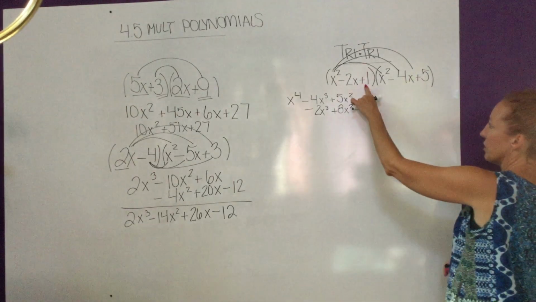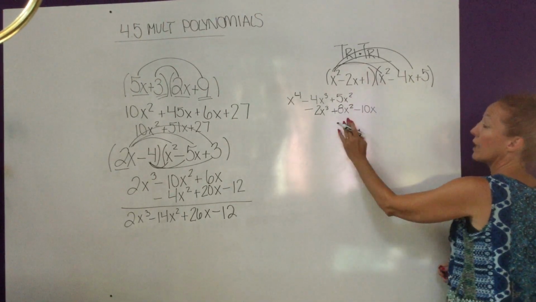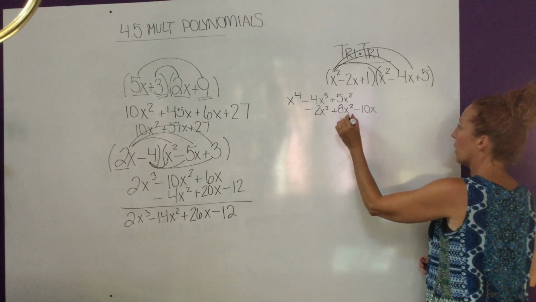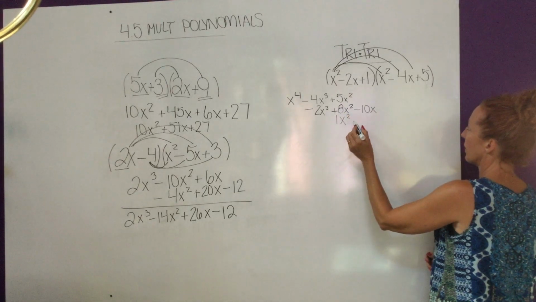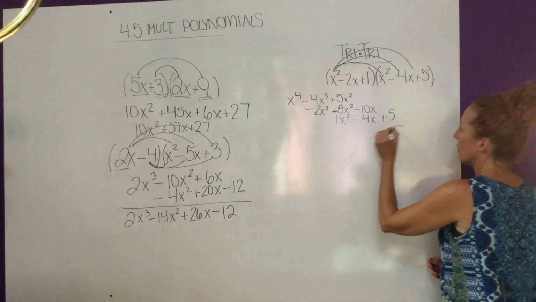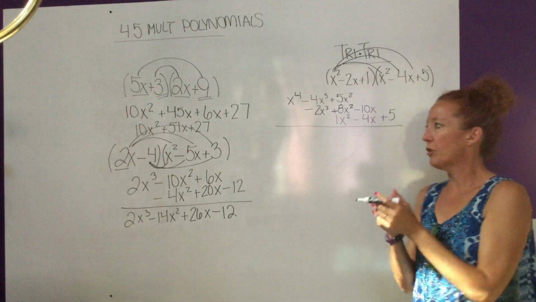And finally, we're going to multiply through by a +1, so that's really not going to change anything, but we're going to indent one more time. So I'm going to write x squared, put a 1 right there if that's helpful for you, minus 4x plus 5. All right. And now we're going to add our columns straight down.